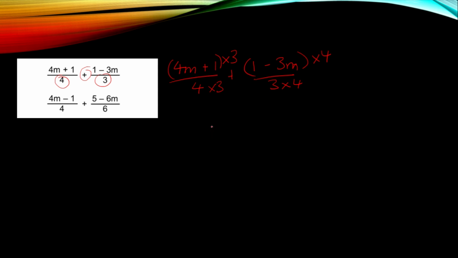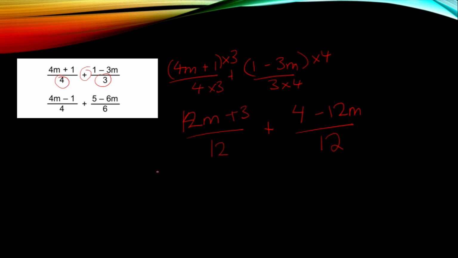Now let's make that look a bit neater. So we've got 4m times 3 is 12m, and 3 times 1 is plus 3, all over 12. Plus 4 times 1, which is 4, and 4 times minus 3m, which is minus 12m, which is all over 12.